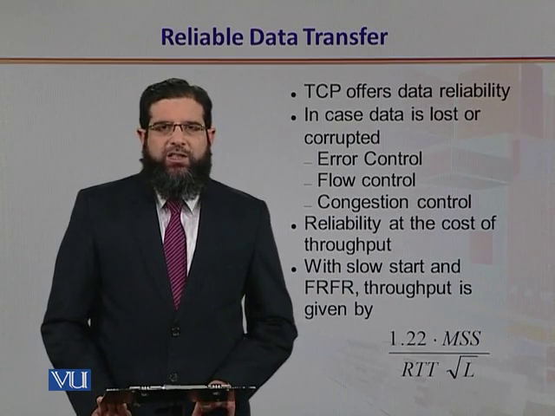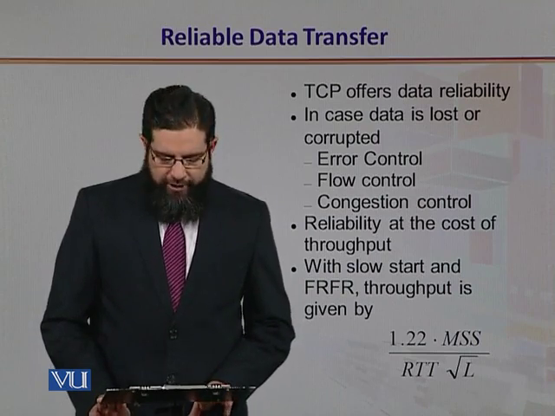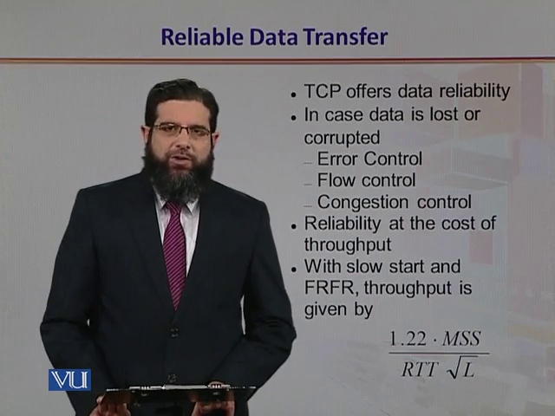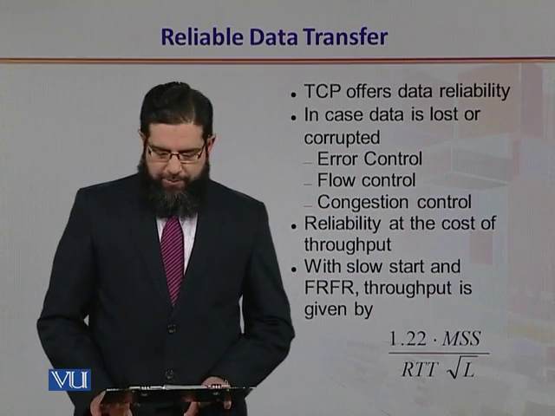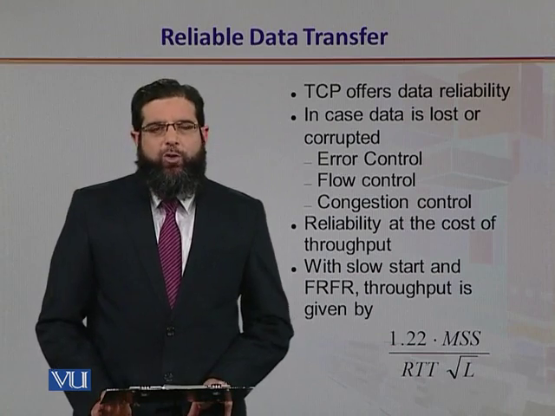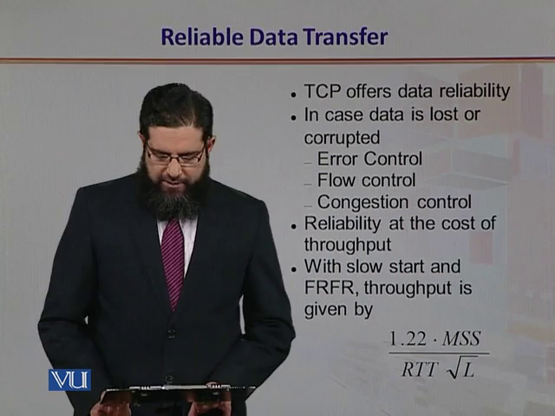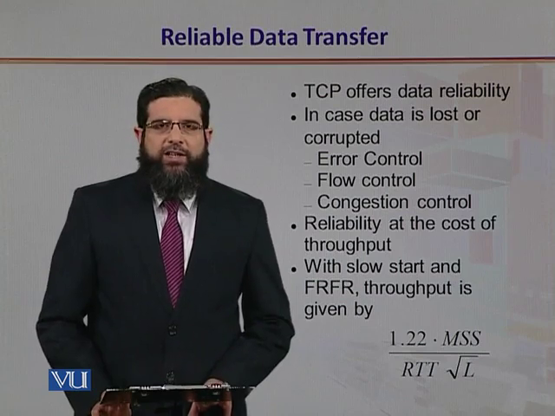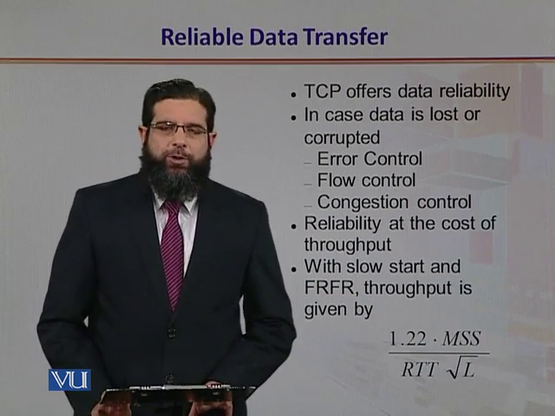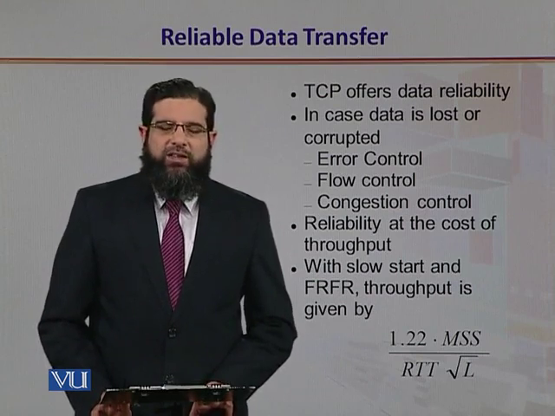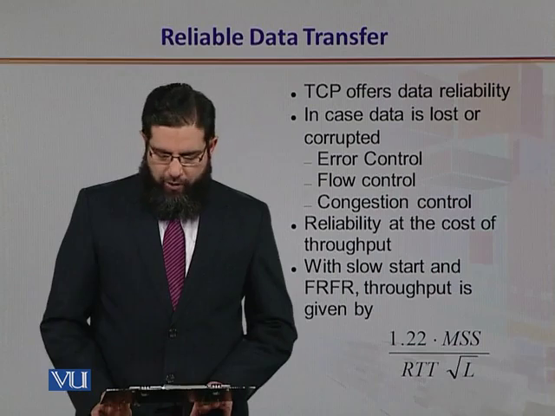So an expression that has been empirically computed, if we incorporate slow start and fast retransmit, fast recovery in TCP, we see that the throughput can be characterized by this simple mathematical relation, that is, it is 1.2 as a constant of proportionality, the maximum segment size divided by the round trip time. This gives us the bandwidth delay product.